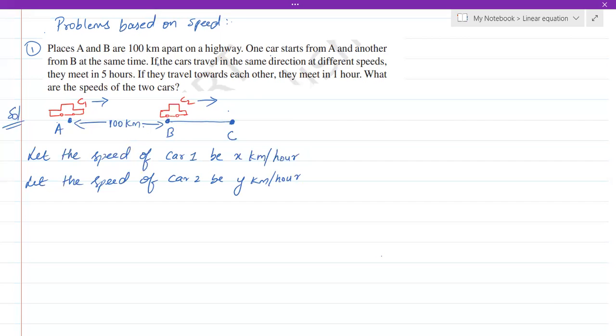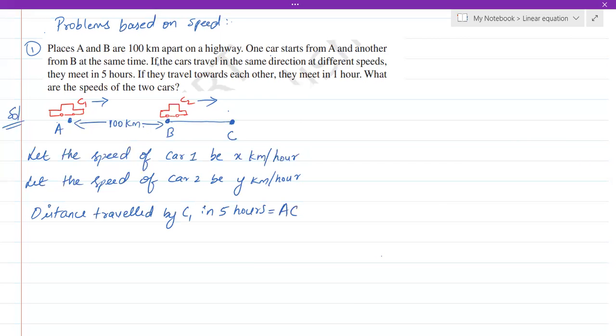Now, very clearly from the figure, the distance traveled by car 1 in 5 hours is AC.